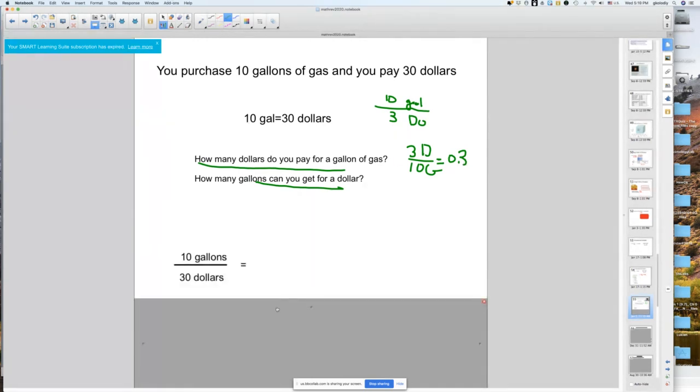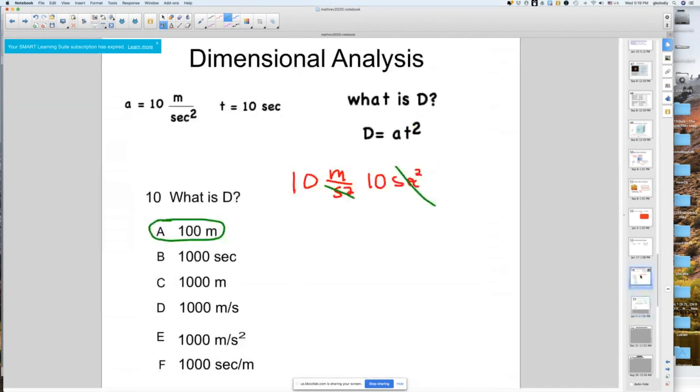Professor? Yeah. I have a question. The previous problem we just did, why is it not 1,000 squared? I don't know, I just want to make sure. Maybe it is. Maybe I made a mistake. T squared, yeah, it is 1,000. You're right. Thank you very much.